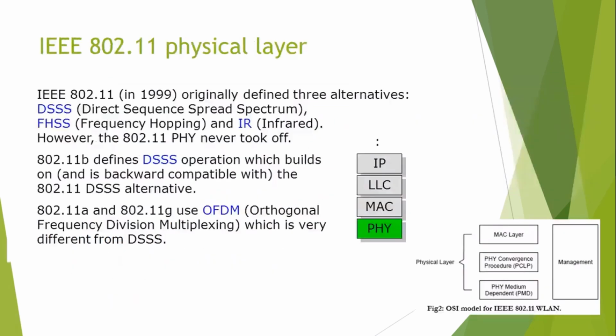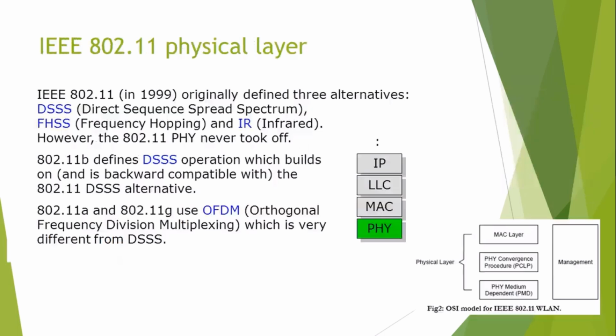Next one is the IEEE 802.11 physical layer. Actually, IEEE 802.11 in 1991 originally defined three alternatives. First one is DSSS, FHSS, like that. And you can see I have shown a graph of the models for IEEE WLAN: the MAC layer, PHY convergence and PHY medium.